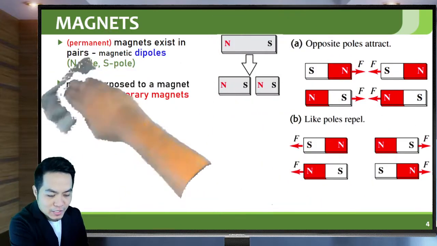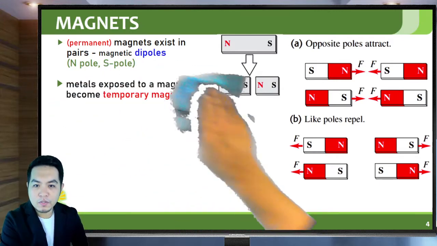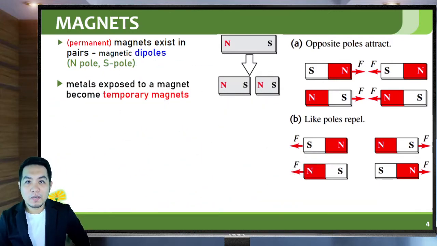When metals are exposed to a magnet, they actually become temporary magnets. We will discuss the different types of magnetic materials in the next slides. And if they have been exposed to a magnet for a very, very long time, that's when they become a permanent magnet.